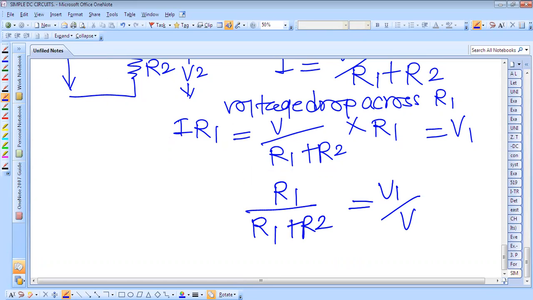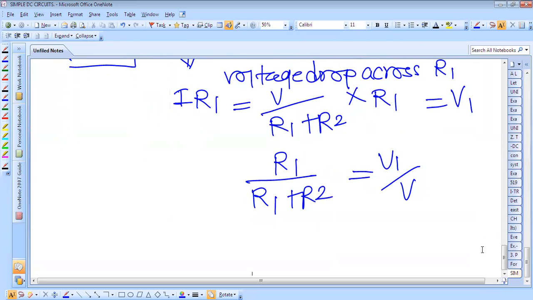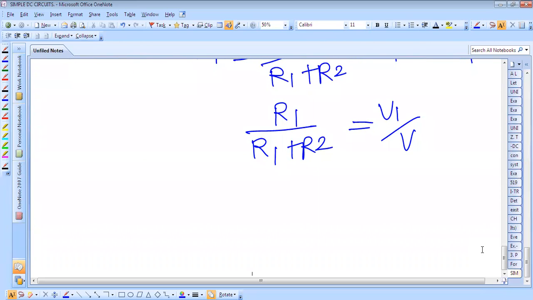Therefore, the ratio of the voltage depends on the ratio of the resistances. In this way we can find the voltage drop across the resistance. So how can you find the voltage drop V1?